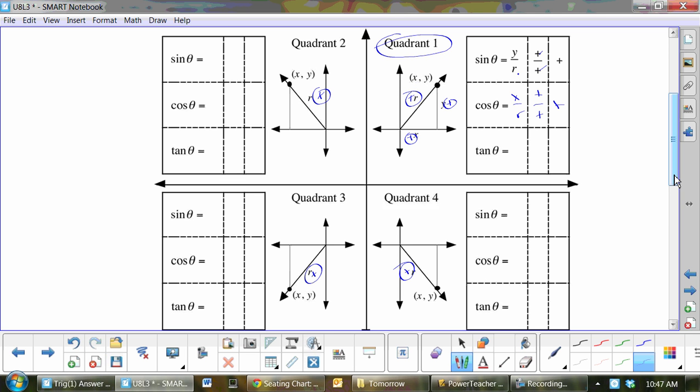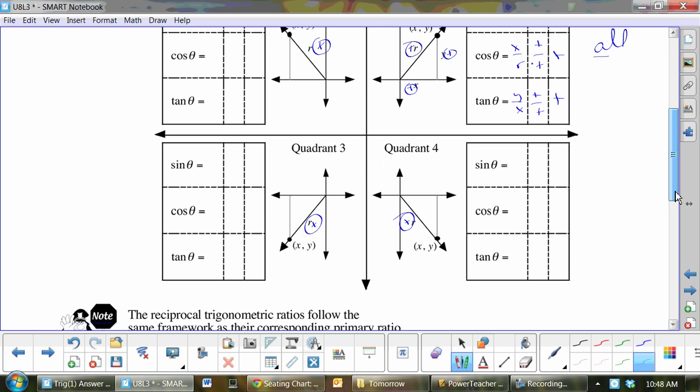So tan is y over x, so that is positive over positive, so that would be positive. Now, one thing we see is all of them are positive, right? Now let's go down to quadrant 4. Now, in quadrant 4, y, well, it's negative there. But x is positive, and r is always positive.